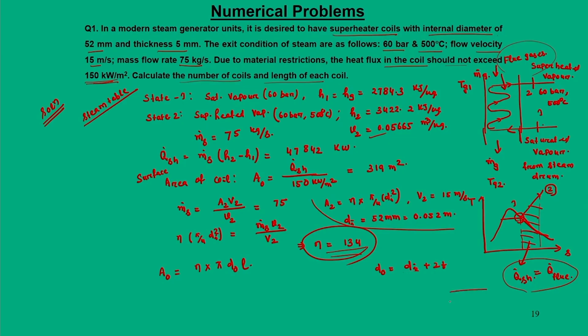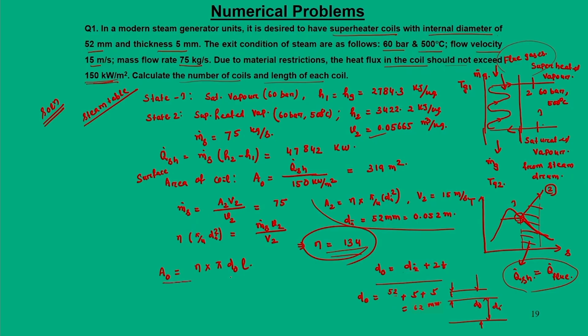So, if you look at this tube, this is your thickness t, this is your di, and this is d0. So, d0 would be di plus 2t. So, d0 is 52 plus 5 plus 5. So, this is 62 mm.